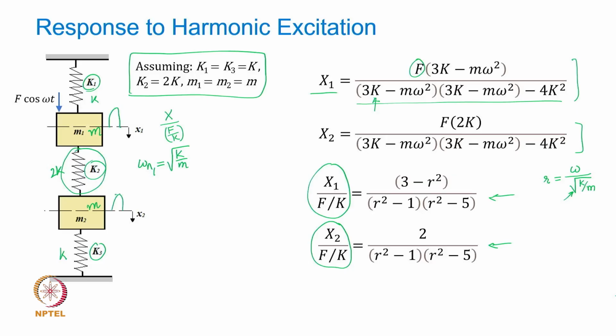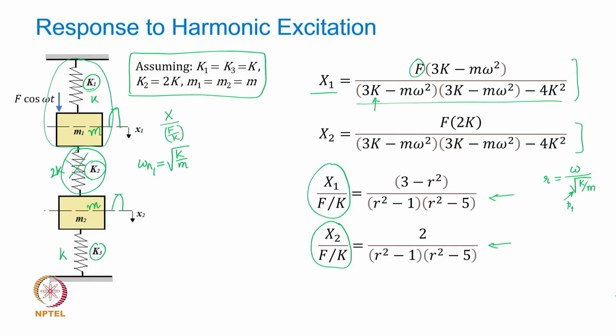in the same direction with the same amplitude, so that this spring is ineffective, and we discussed that this acts almost like an independent single degree of freedom system, which will have natural frequency square root of k by m. So in a way this is the first natural frequency of the two natural frequencies of this system.